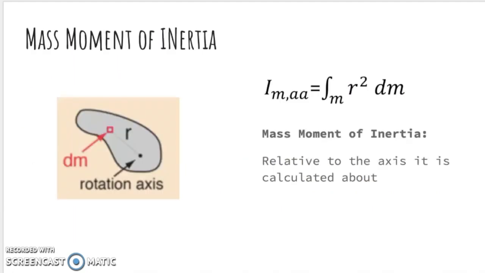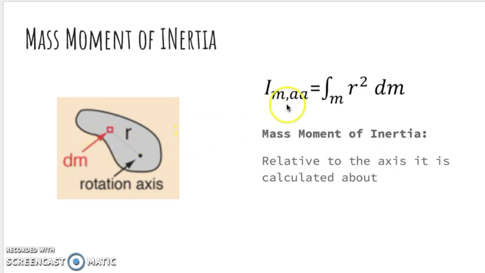So now let's talk about mass moment of inertia. The tendency of an object to resist its state of motion with respect to its mass is defined as mass moment of inertia. So let's look at this figure. There's a rotational axis here, and here is a mass differential, and r is the perpendicular distance between these 2 points.